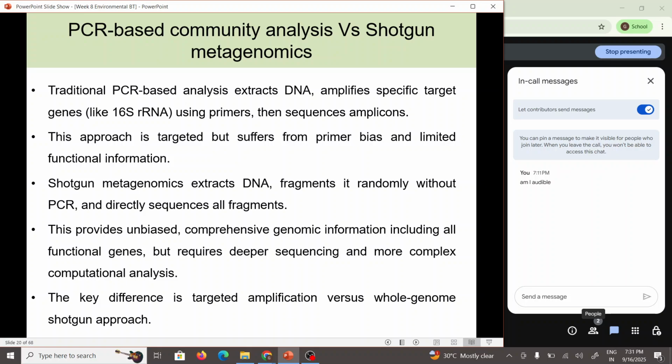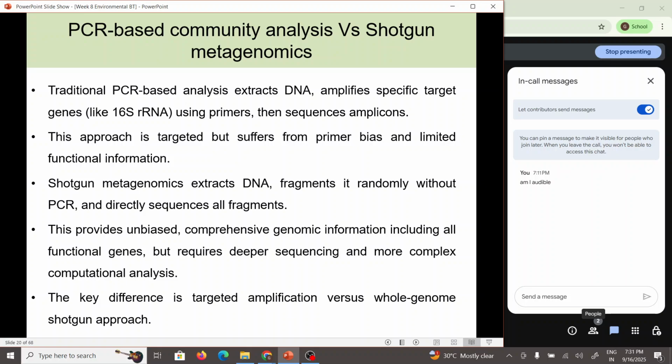Therefore comes the concept of primer bias, where we may leave out certain microorganisms though they are present in the sample, because the primer could not bind to that particular organism. We may leave out identifying the organism. So that is called primer bias, and henceforth we will get only limited functional information.